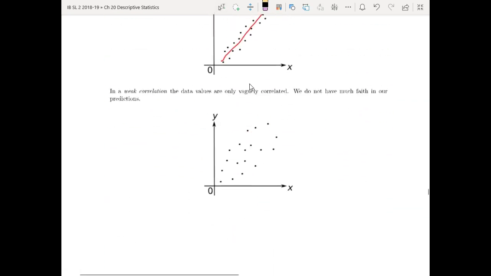Even though this is still a positive correlation, it's pretty weak because the data points are relatively far. If we were to sketch a line that has as many dots on top as on the bottom, but they're fairly spread out from the line, then that's demonstrating a weak correlation, which would mean you wouldn't have much faith in your prediction.